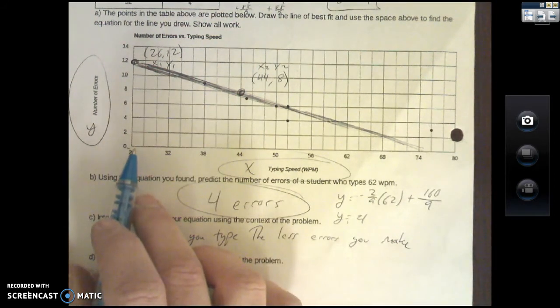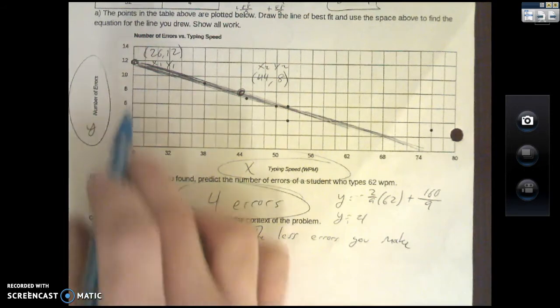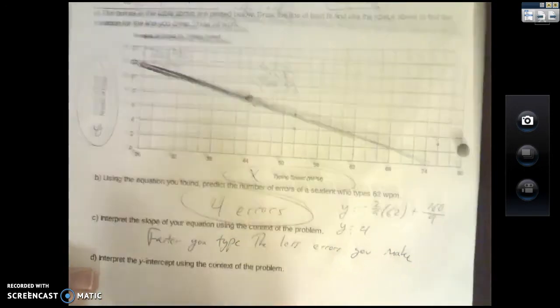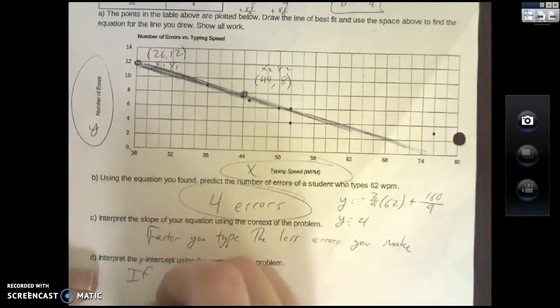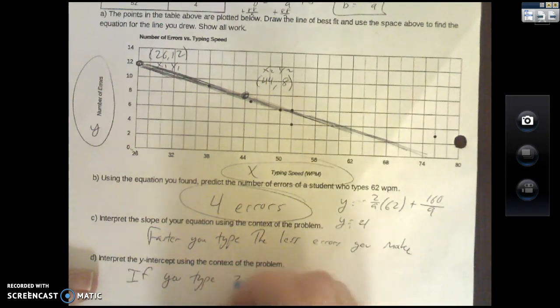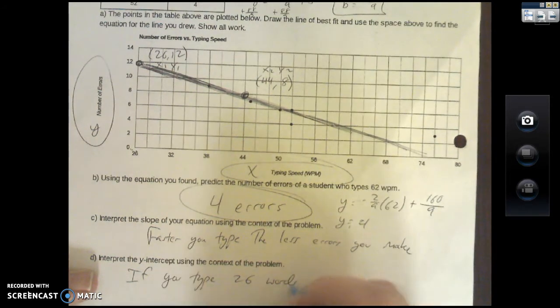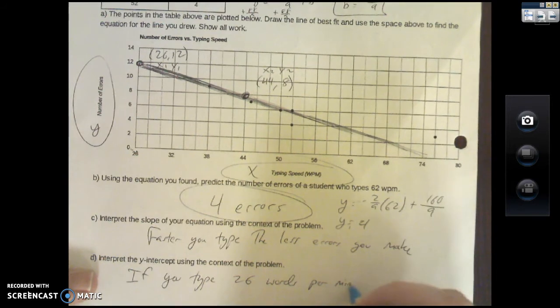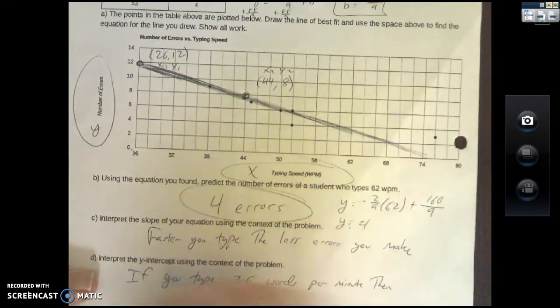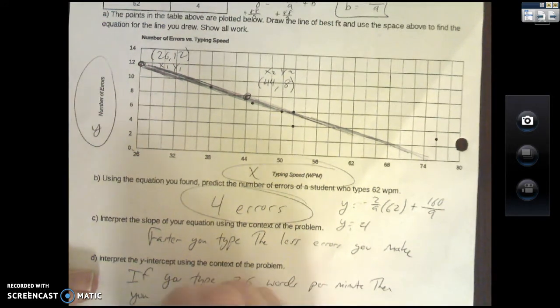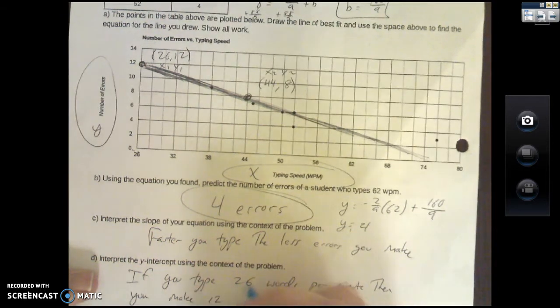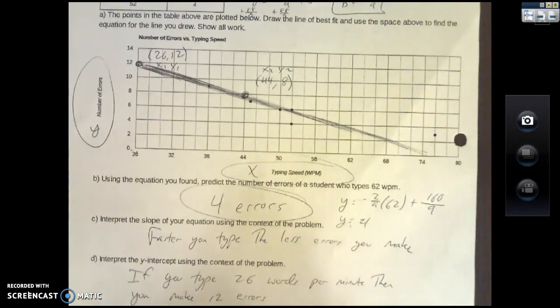What this is saying is if you type 26 words per minute, then you make 12 errors. That's all it's saying. And you guys can read a chart. I know you're okay with that.